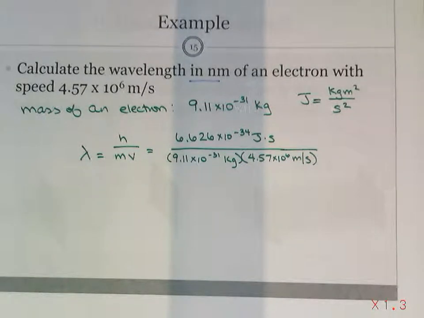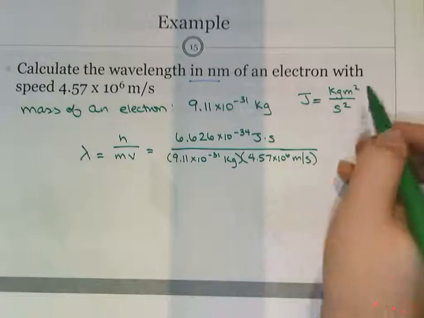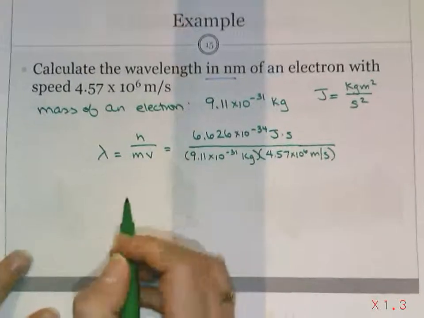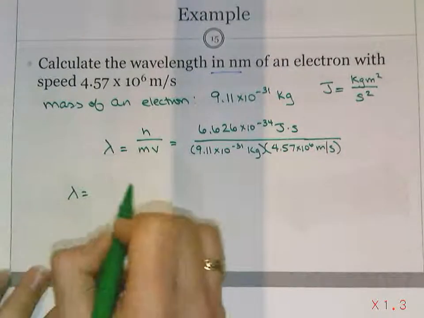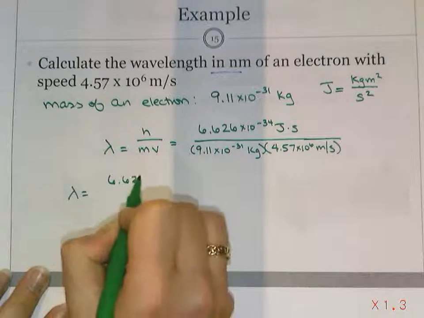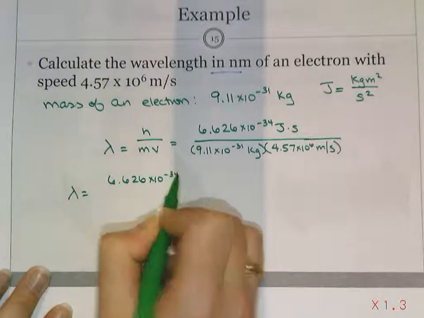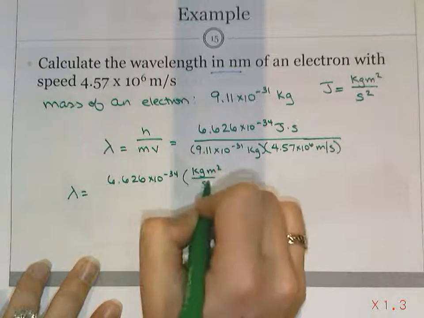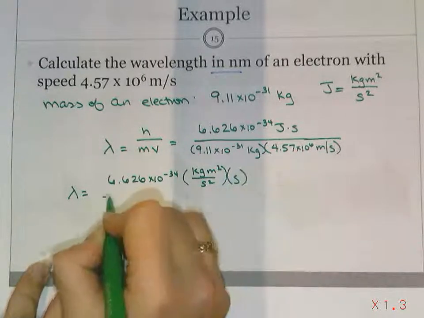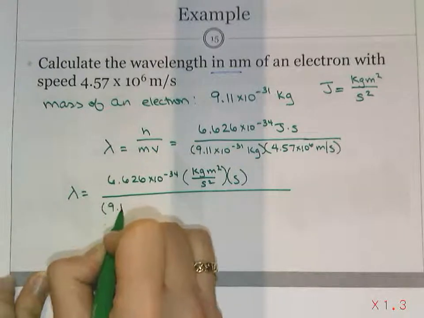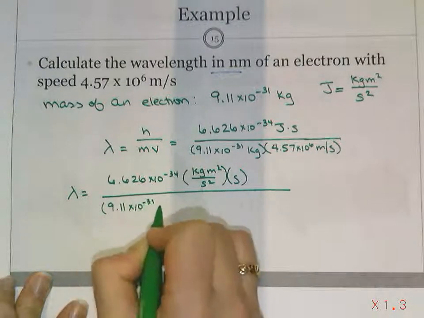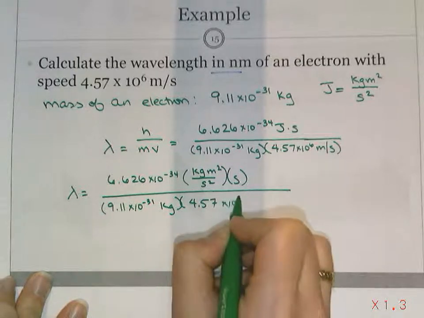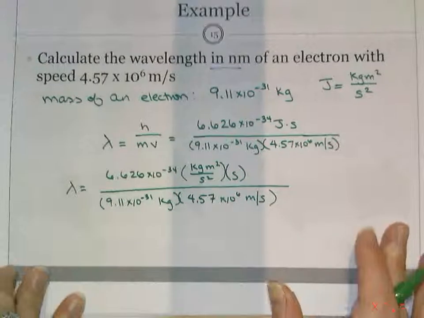So you can either just squish that right in there, erase the J, and put it in there, but I'm just going to rewrite it. All right, now we're ready for some unit canceling.